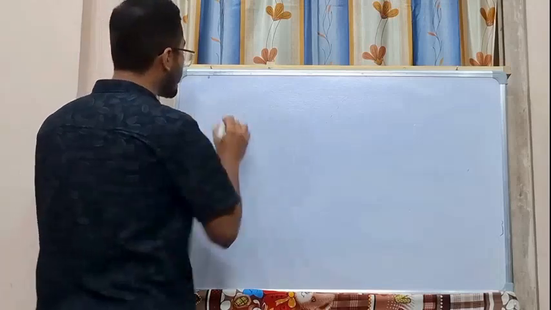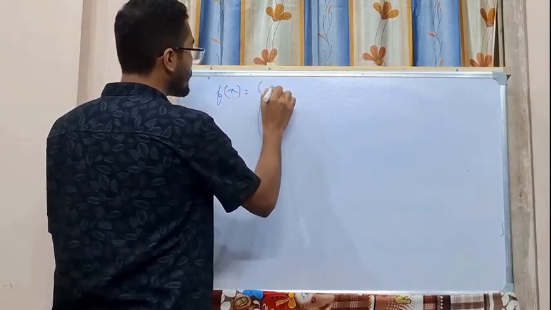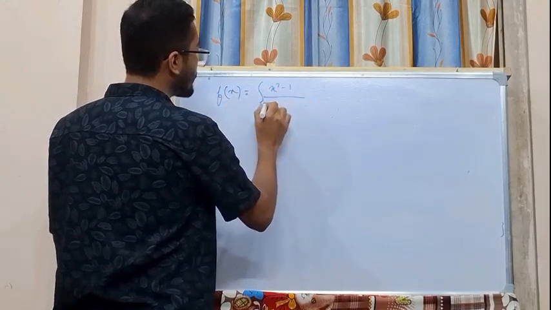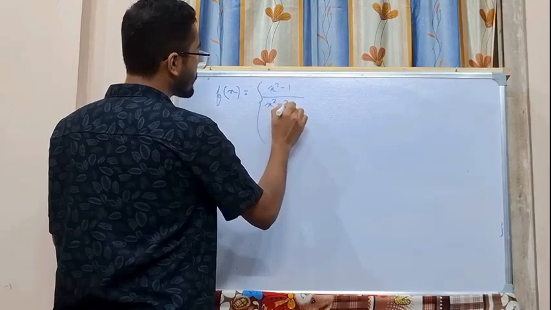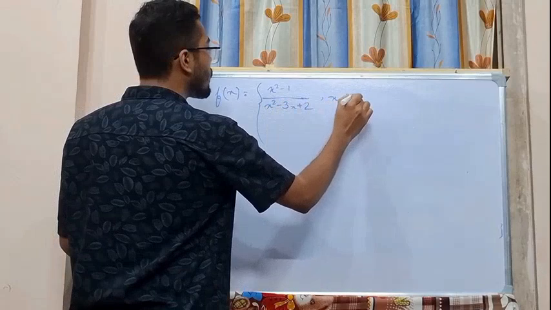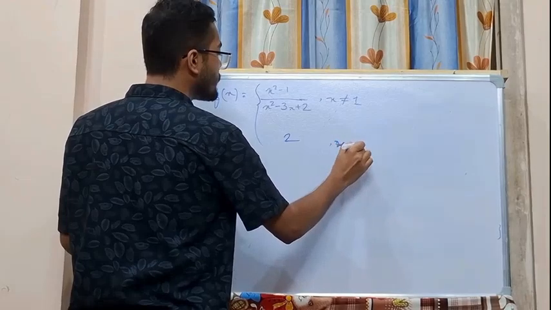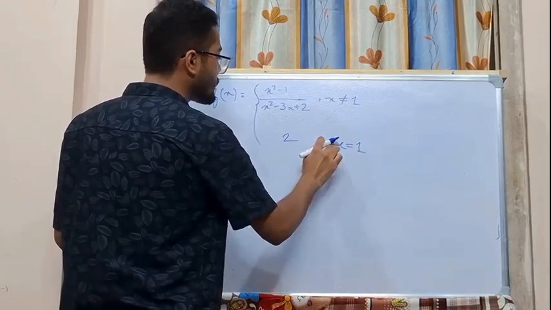Let us consider another function, f(x) is equal to x square minus 1 divided by x square minus 3x plus 2 when x is not equal to 1, and 2 when x is equal to 1. Okay.